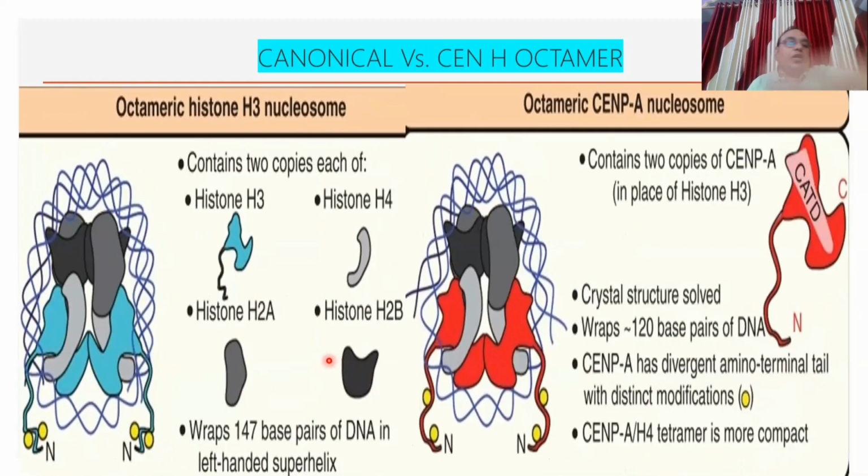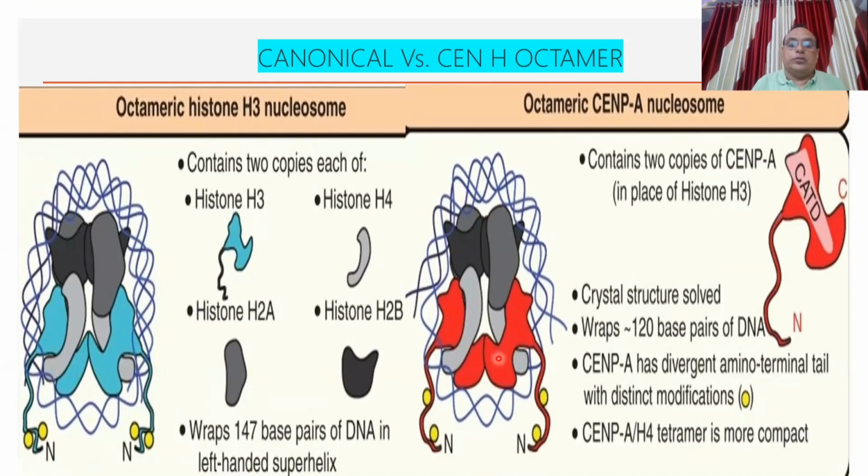So this was all about the canonical histone octamer, but here you have the CNP-A nucleosome. That is, this H3 has been replaced by this H3. What is this H3? CNP-A, that is centromeric H3. And so you see here that instead of these two, you have 2 molecules of this. The rest is the same.